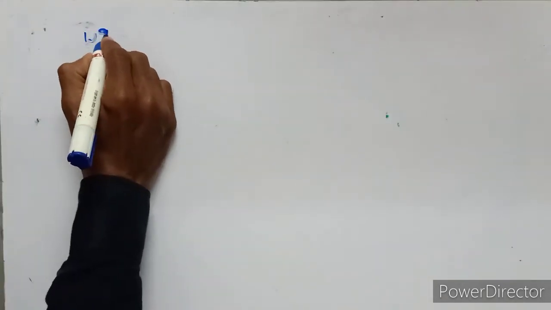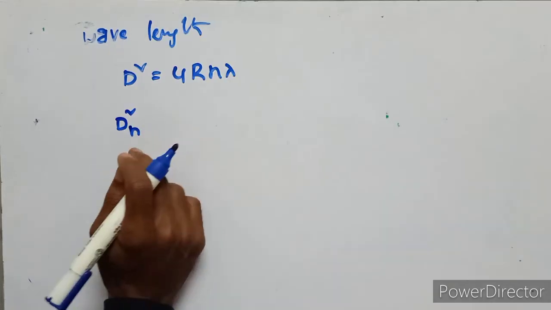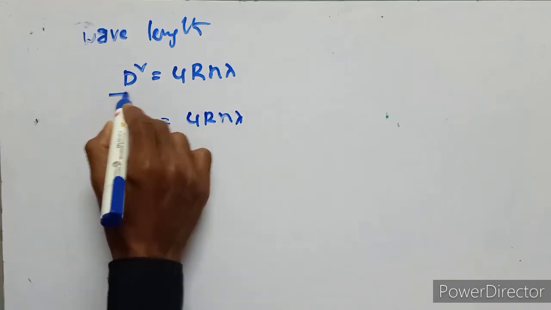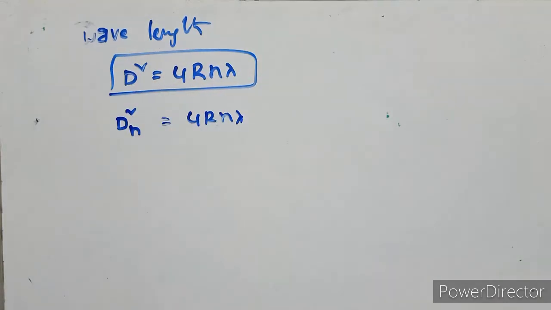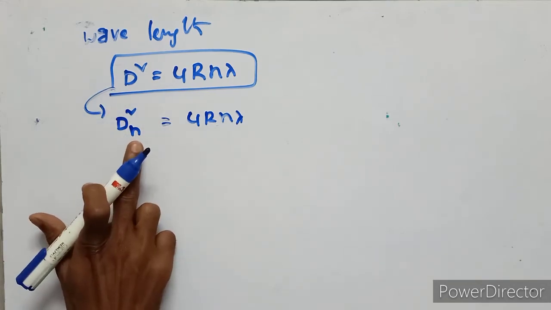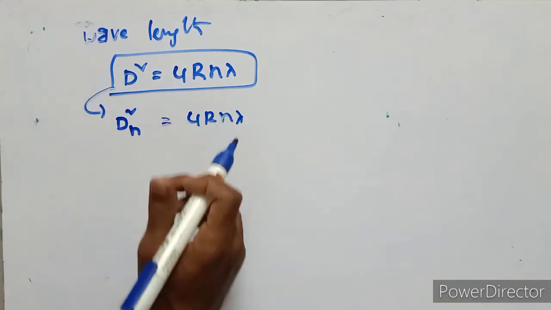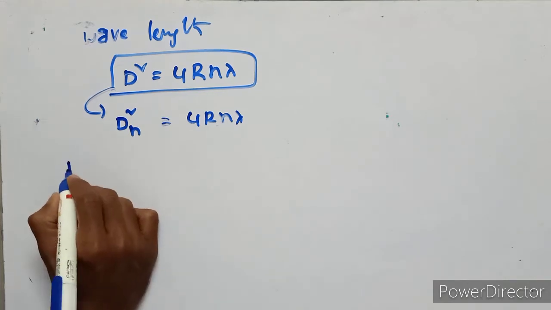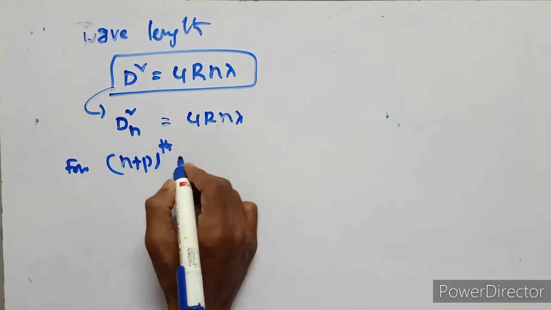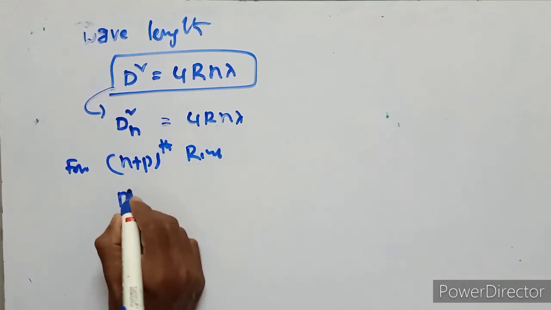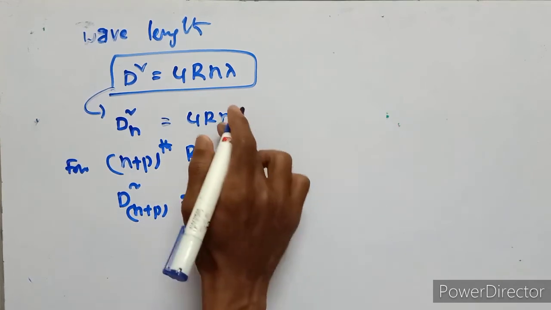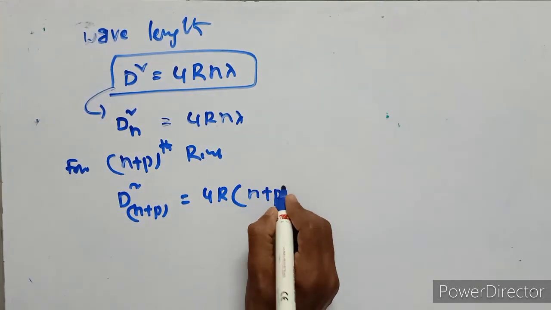Determination of wavelength: for the nth ring, D² = 4Rnλ. For the (n+p)th ring, D² at n+p = 4R(n+p)λ.